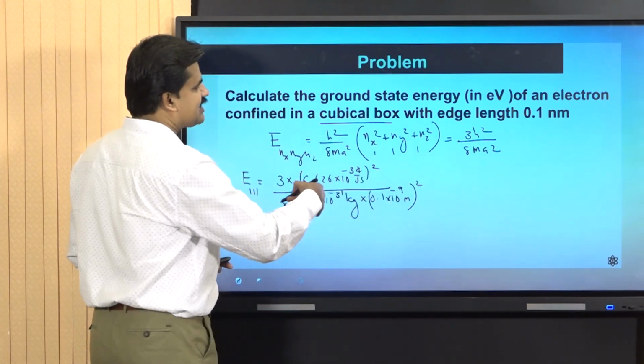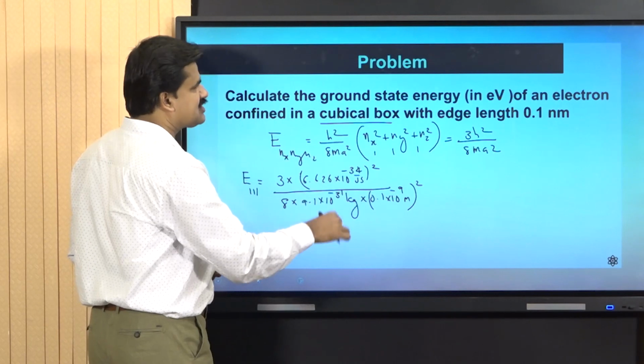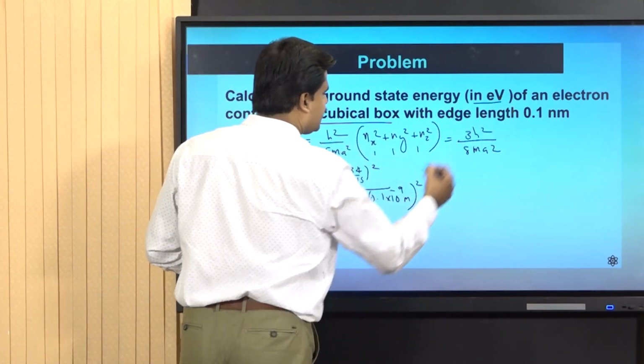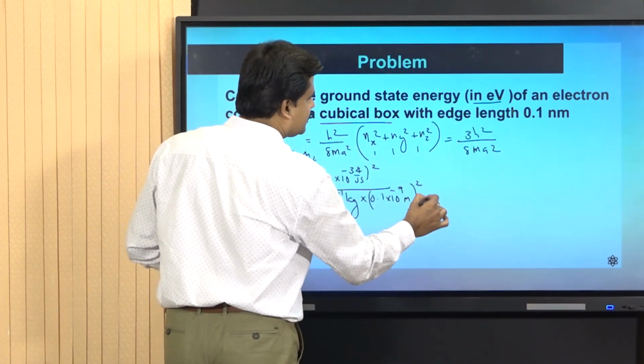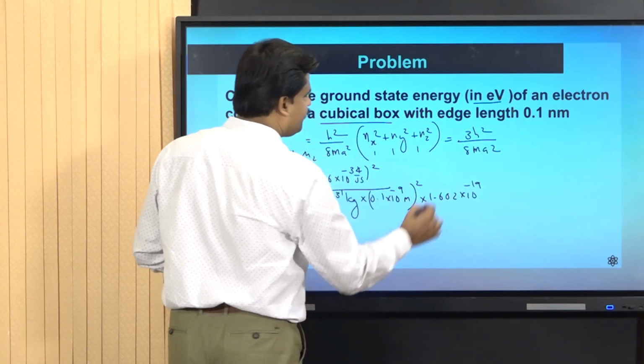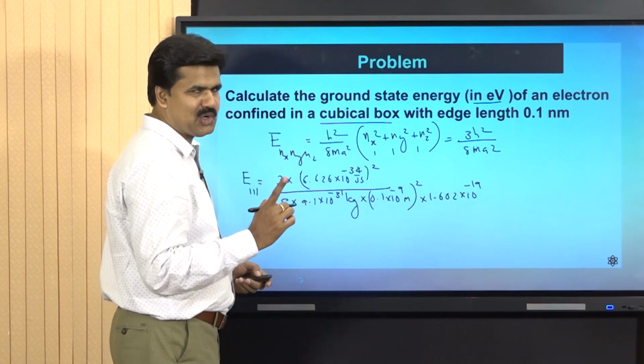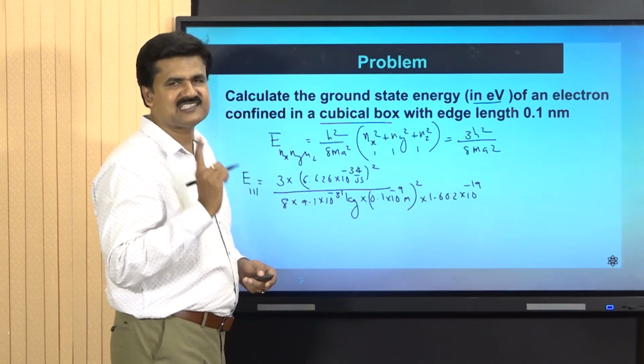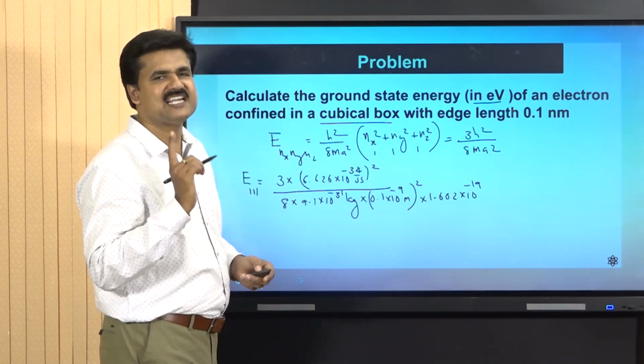Since we are getting this energy in joules, we have to change it into electron volt by simply dividing by 1.602 into 10 raised to minus 19. This is because 1 electron volt equals 1.602 into 10 raised to minus 19 joules.